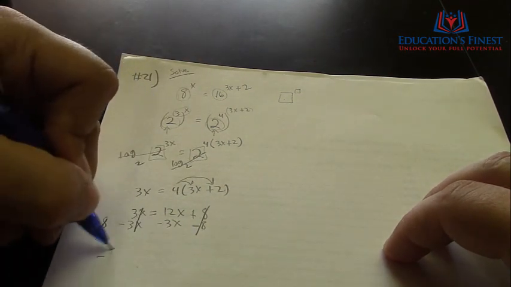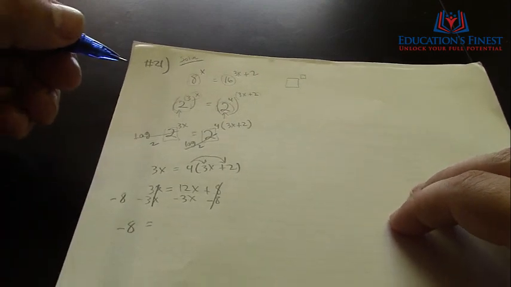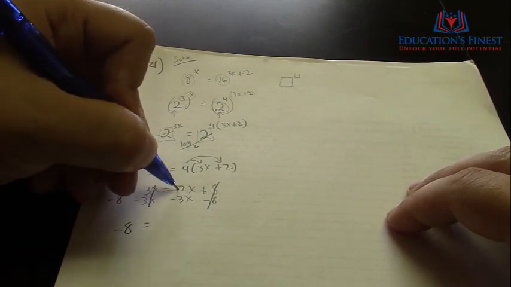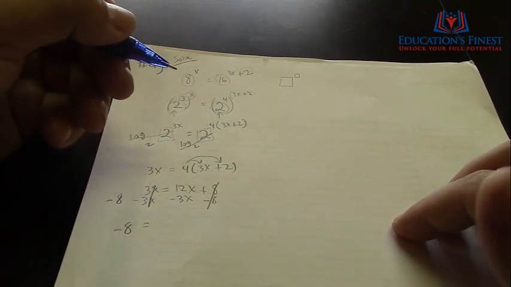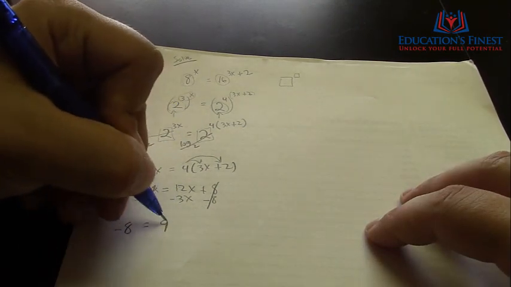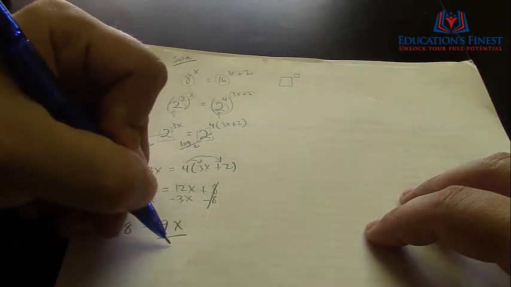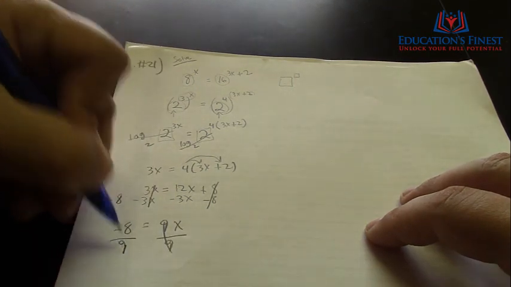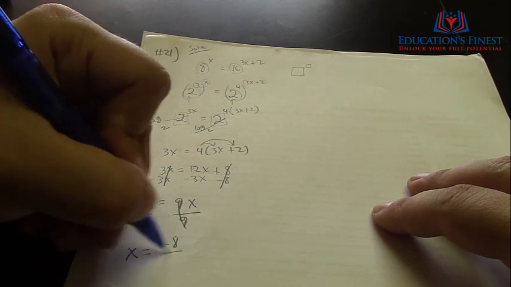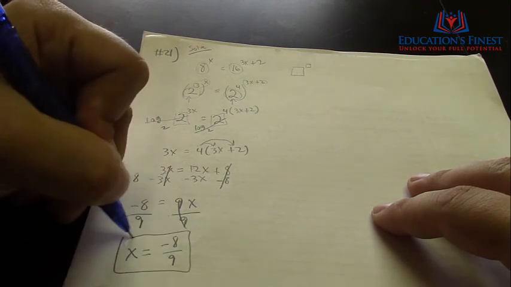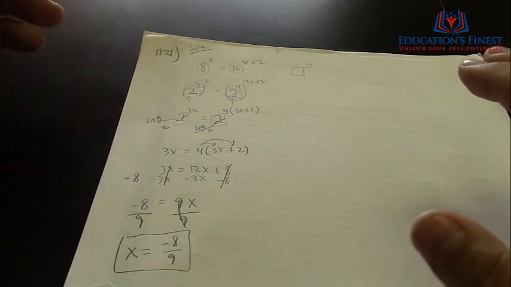So we're going to have a negative 8 on the left side, okay, equals, well, 12 minus 3 there is going to be 12, 11, 10, 9. So we got 9x, divide both sides by 9, and there we go. X is going to equal negative 8 over 9. And that is it, okay?